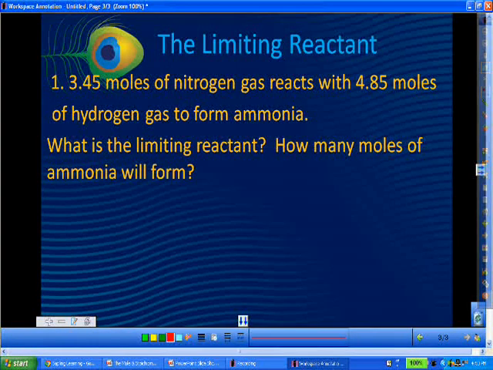So let's clear out of this and start solving this second question. So with hydrogen as our limiting reactant, we have 4.85 moles of hydrogen to start with. This is what's available. This is what's going to react. So we need to go from moles of hydrogen to moles of a different chemical.